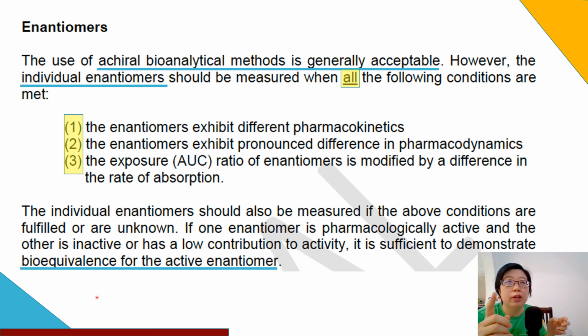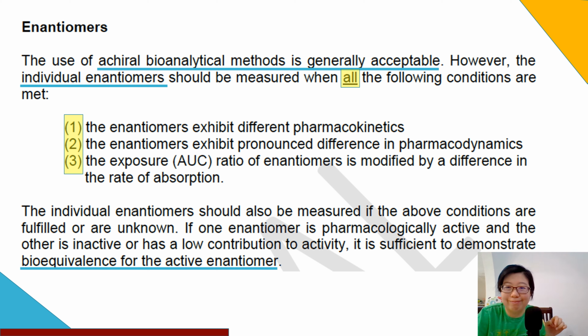So your sampling time, design and all will just be based on the profile of the active enantiomer. So remember, at the sampling time near the peak, Cmax and Tmax, you need to get more sampling times around that time frame. So you just need to consider the active enantiomer if the inactive one has not much activity towards the clinical efficacy.